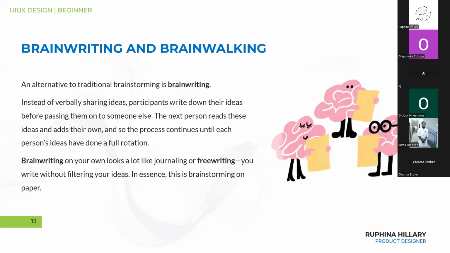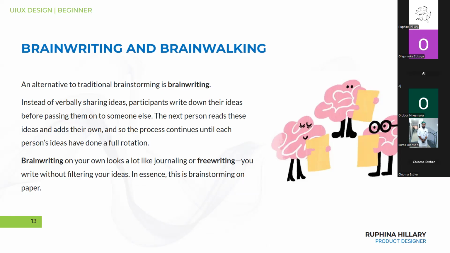If you're in a team with a specific number of people, how it goes is that when you're brainwriting, you write down the how might we question. Then I, as the first person, write down an idea I have in my head or a solution I'm thinking of. Then I pass the paper to the next person.